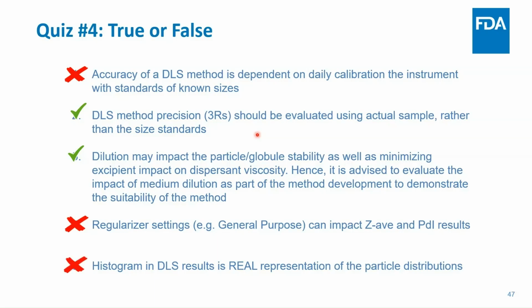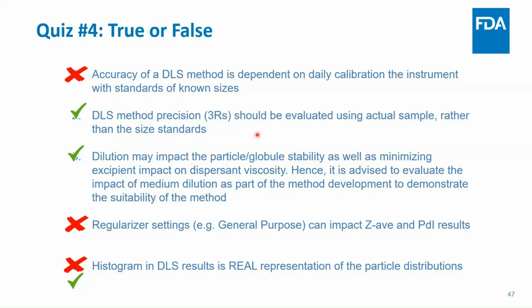Oh, and this is a trick question. The histogram in DLS results is a real representation of the particle distributions. I would say in many ways, no. There's just some manipulation between whether you're using an average cumulant value, where you get just a Gaussian from the system, versus the multiple narrow peaks mode.